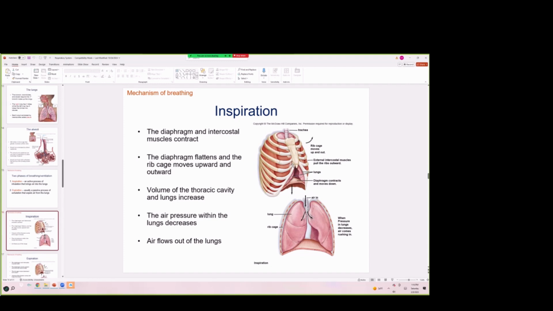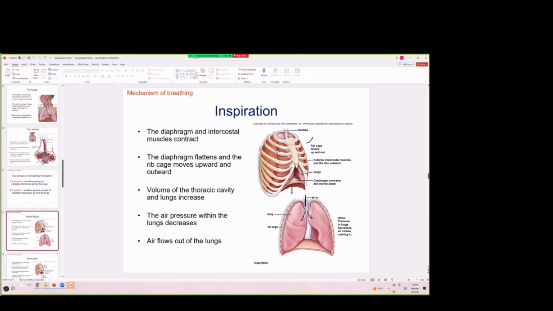While it is doing this, this lower sheet of muscle called the diaphragm also contracts. Normally it sits in a bell curve shape, but when it contracts, it flattens instead.